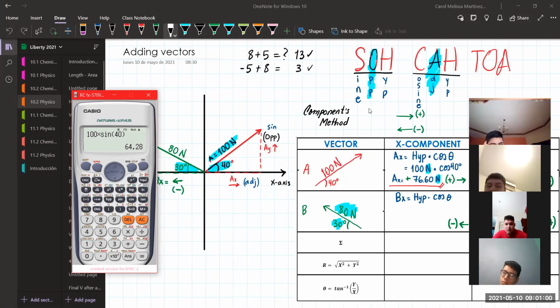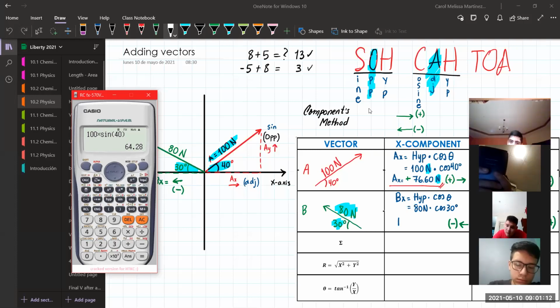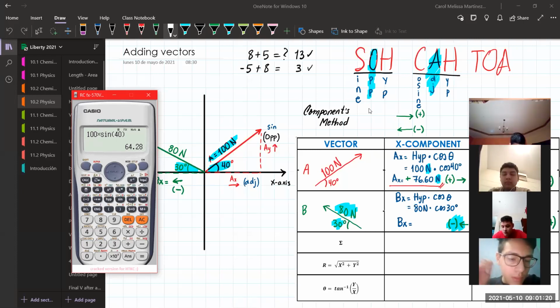Okay? So this calculation is going to be 80 Newton times cosine of 30. How much is this? Remember that we already indicated that it is negative, okay? So I'm going to put the negative over there.